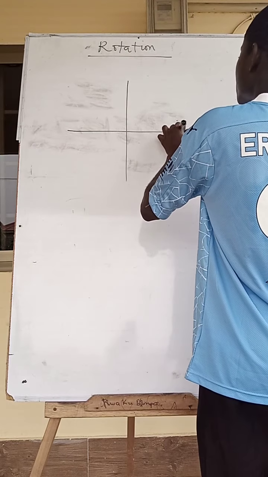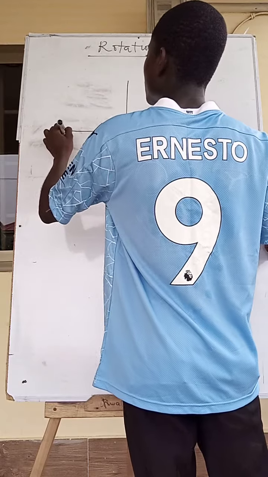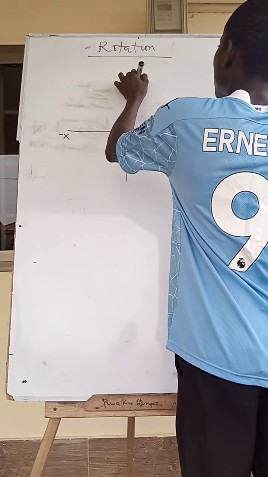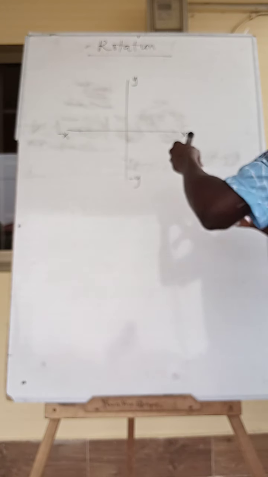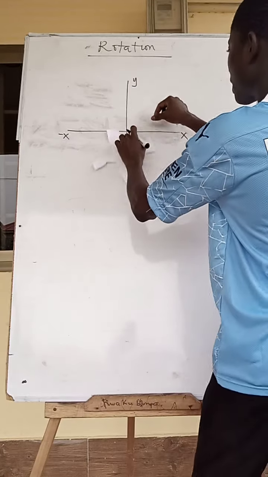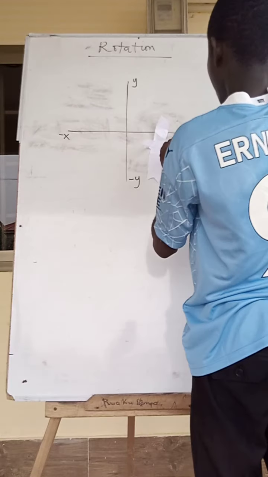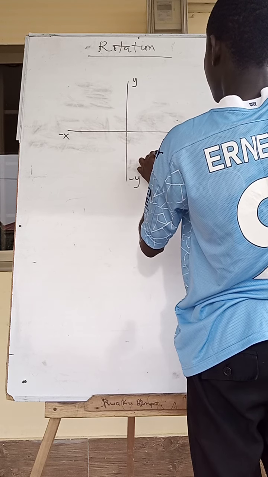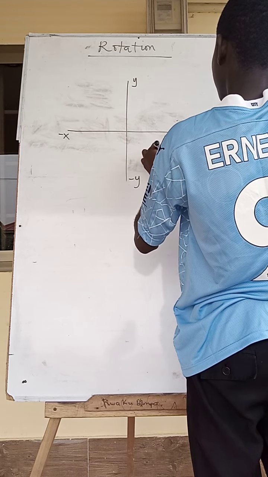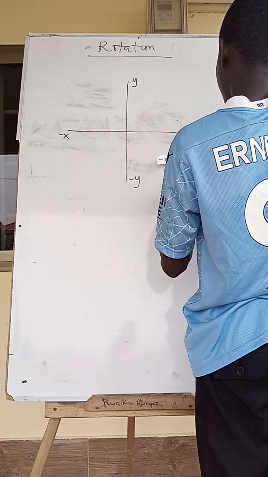I have a couple of things here with me: x, negative x, y, negative y. So see, let's write on my paper. I have x, negative x, I have y, negative y.